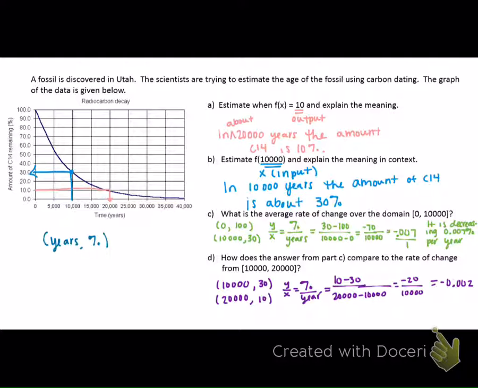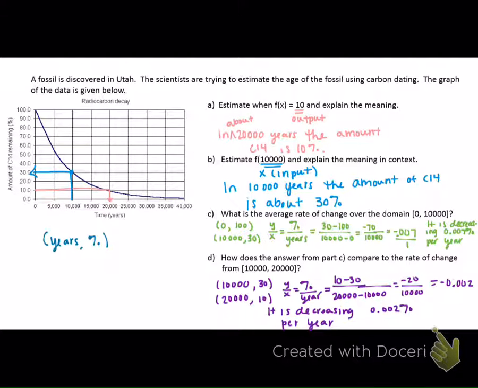So Jill, what does that mean? It is decreasing 0.002% per year. So how do our rates of change compare then, guys? We can't really find a factor because these are estimates for some of them. But what do you notice is happening over time?